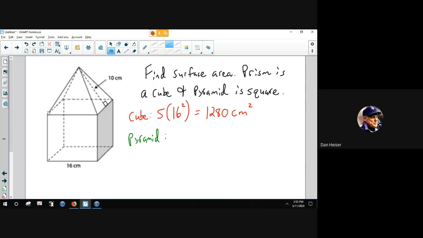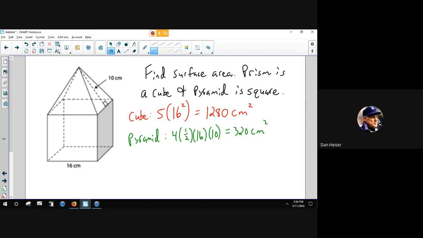And because this is a square, all 4 triangles are the same. 4 triangles, each triangle measures 16 across, slant height is 10. So this surface area comes out to be 320 square centimeters.